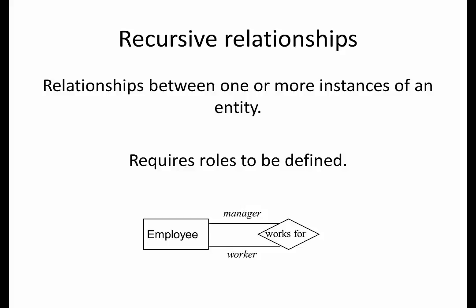And that requires the roles to be defined. So here's another example. I'm an employee, Andy Swan, my line manager, head of department, is also an employee of the university. I am the worker. He is the manager in that relationship.